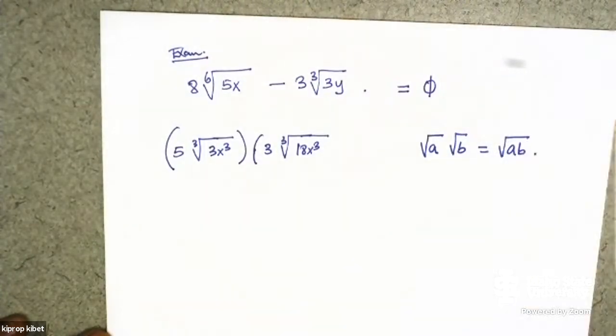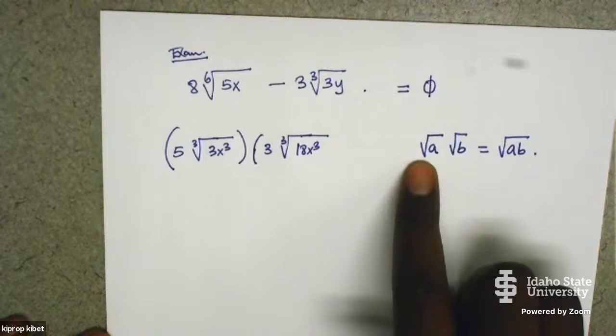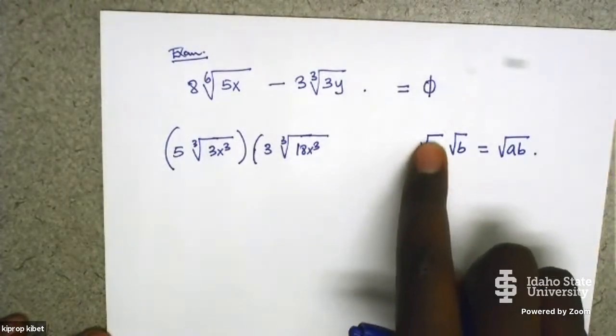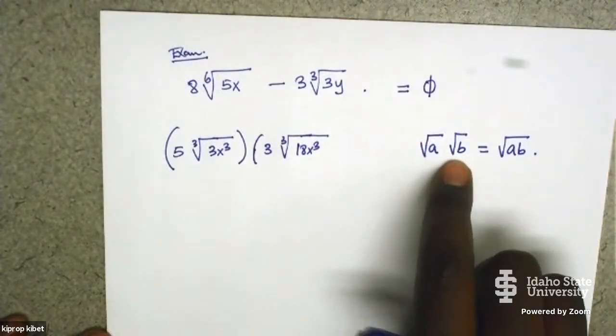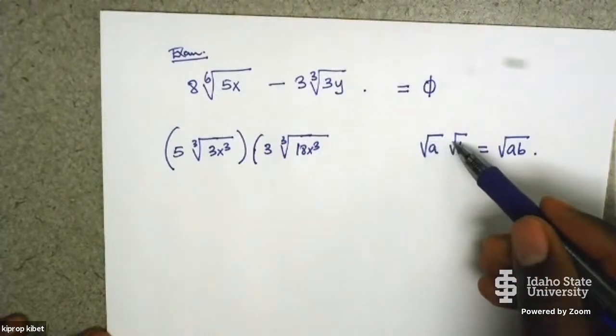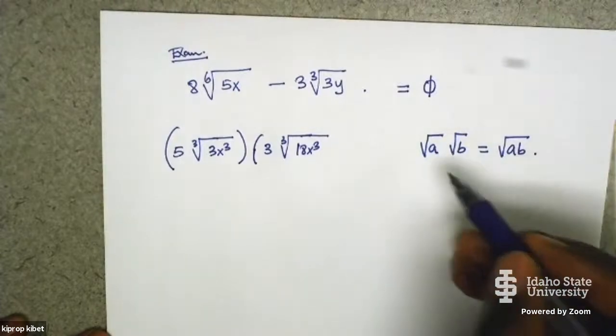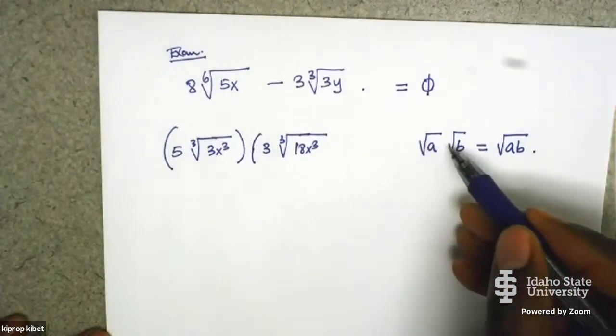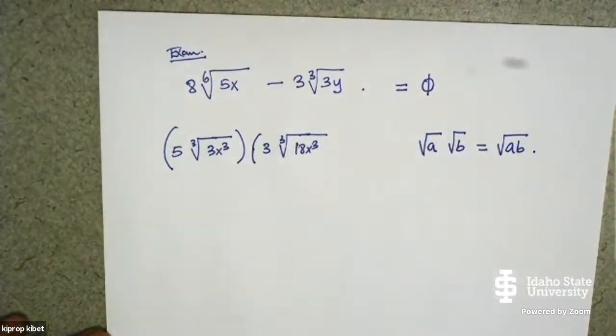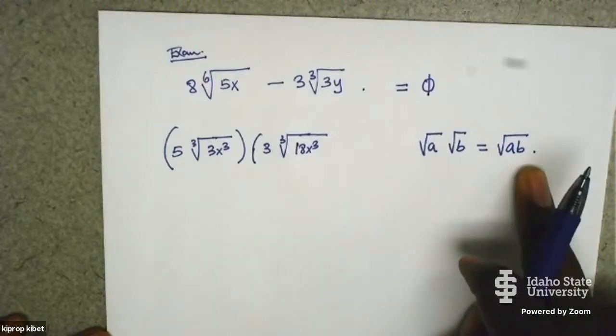AB, right? As long as these roots are the same. So the root here should be the same for this one to be of this form.